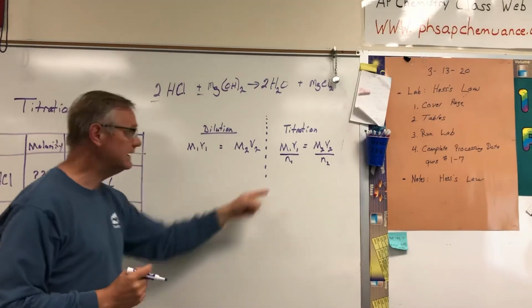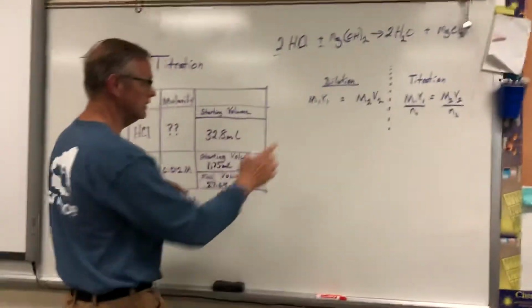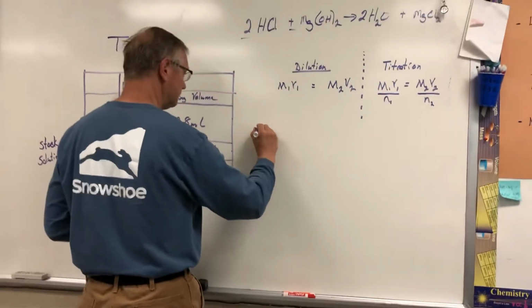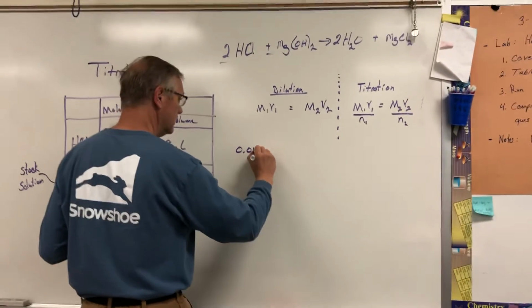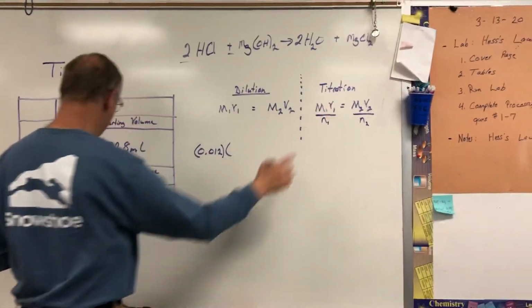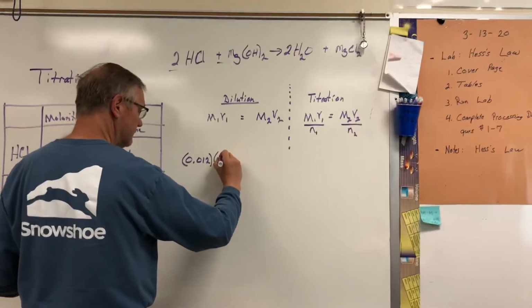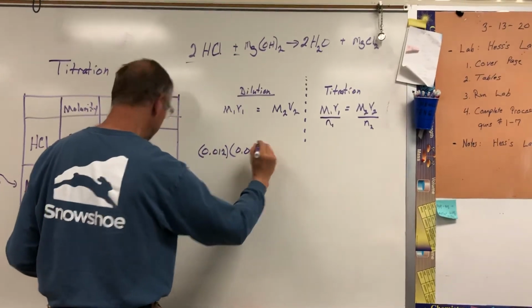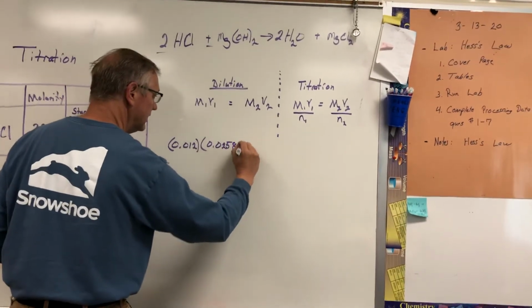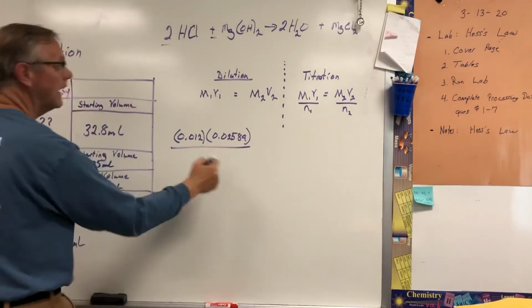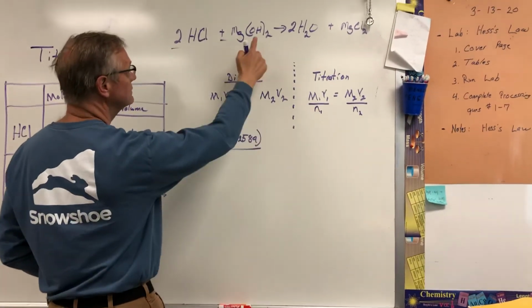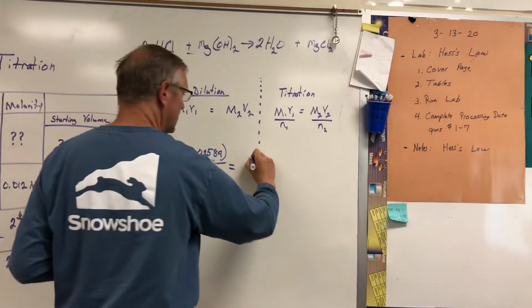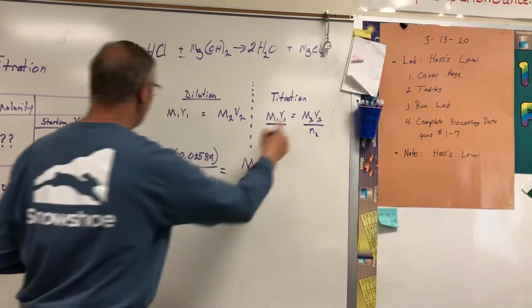So I'm going to come back in now and I'm going to substitute all of my numbers in. My base is going to be the molarity of 0.012. My volume is what I used, 25, but I have to put that into liters, 0.02589, over, and in this case, my base is going to be 1, is going to be equal to the molarity, that's my M2, that's what I'm actually looking for.